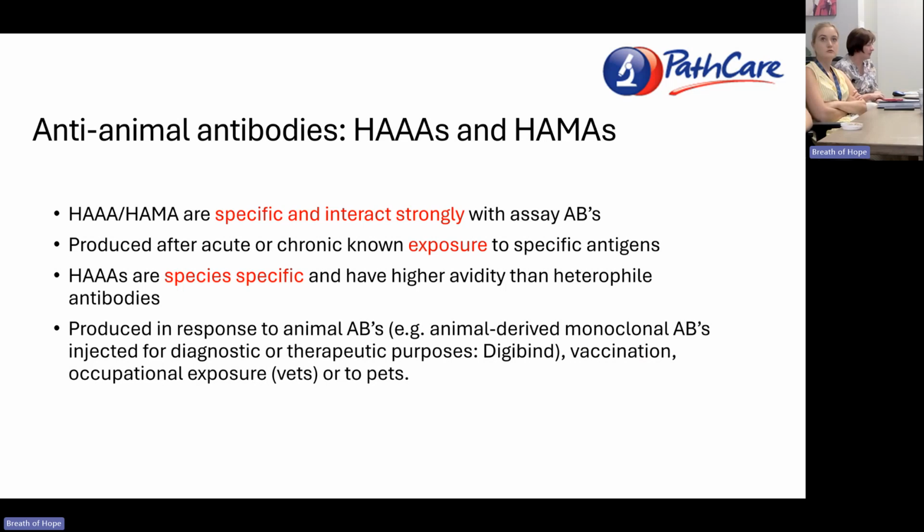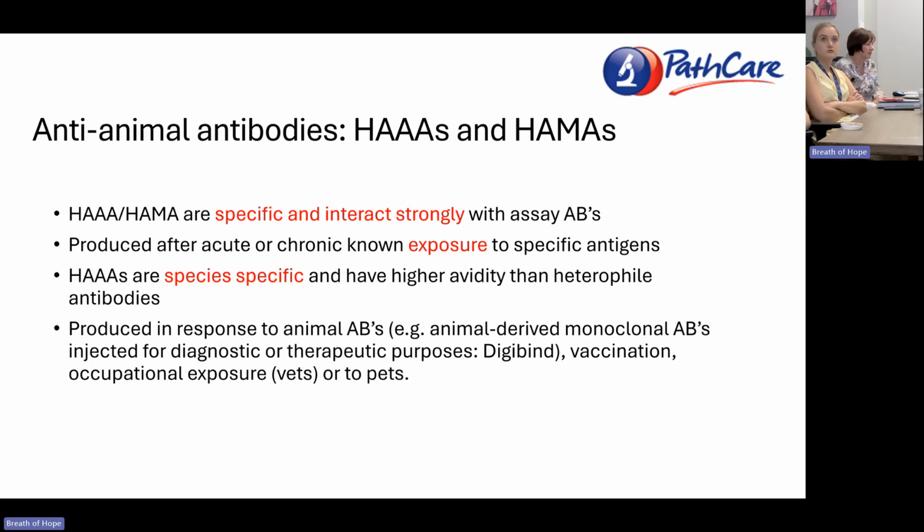Looking at our anti-animal antibodies, those will be the HAAs and the HAMAs. So we said that these are specific and they interact strongly with our assay antibodies. They are usually produced after acute or chronic known exposure to specific antigens.